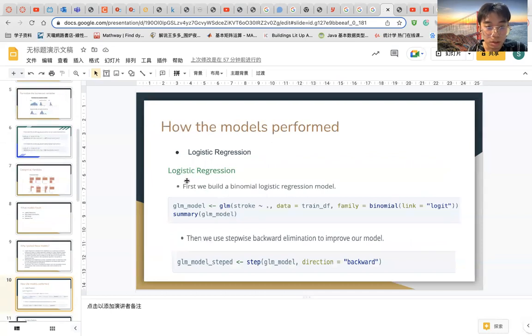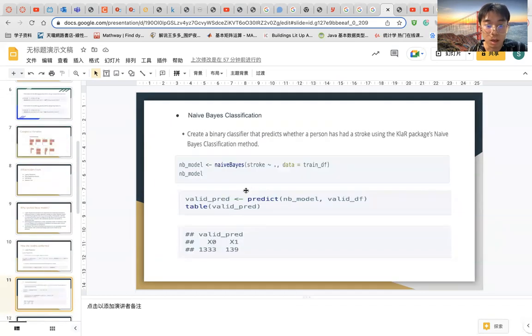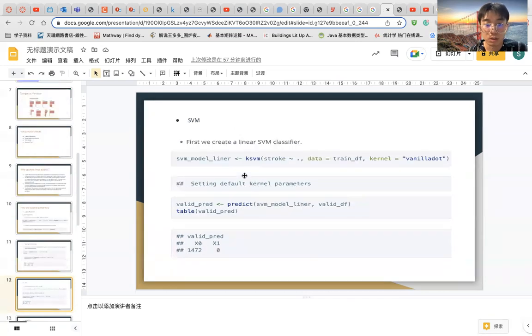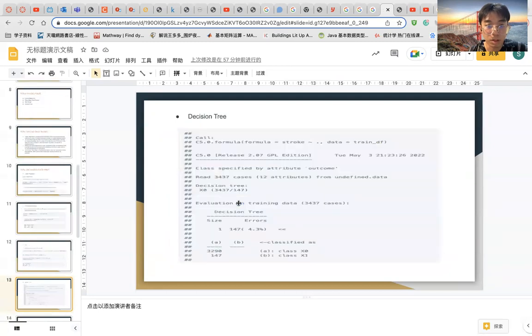As we can see, this brief code shows how my models performed. The first one is logistic regression, the second one is naive Bayes classification, the third one is SVM, and the last one is decision tree.